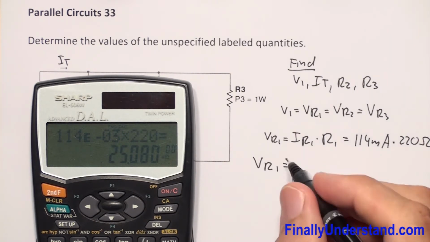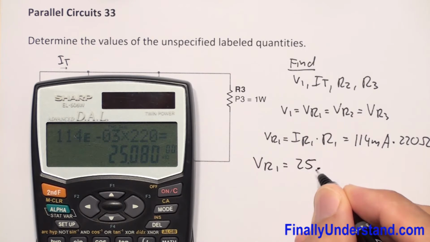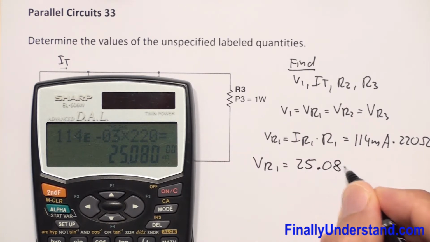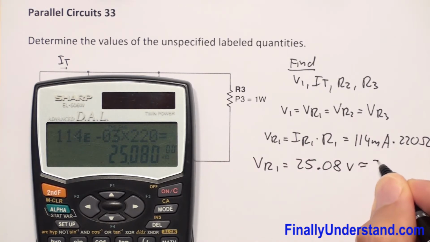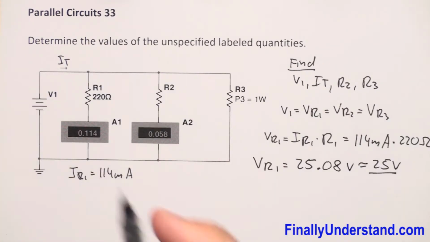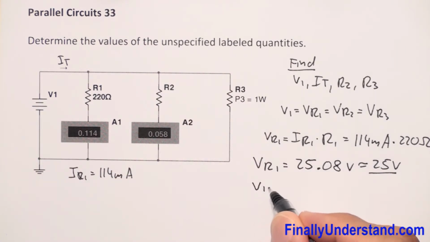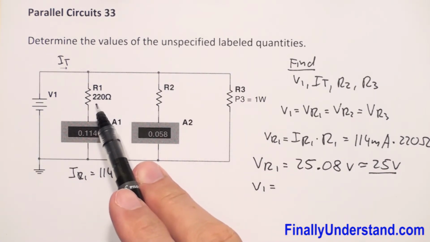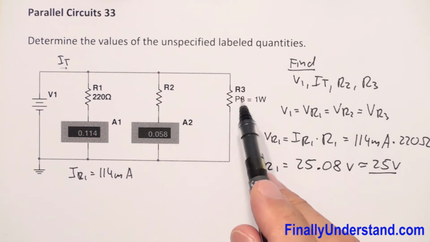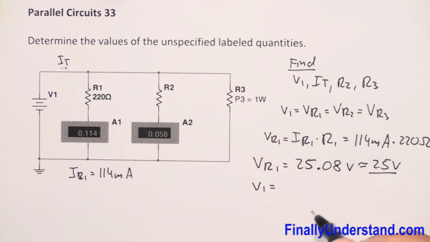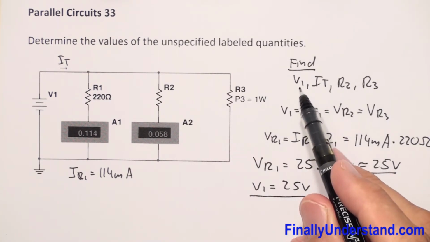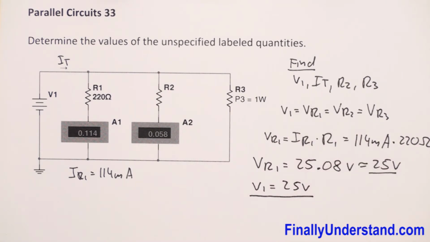This is equal to 25.08 volts. So we can say approximately 25 volts. So V1 is equal to voltage VR1 is equal to voltage VR2 is equal to voltage VR3, and this is equal to 25 volts. We found V1 voltage source.